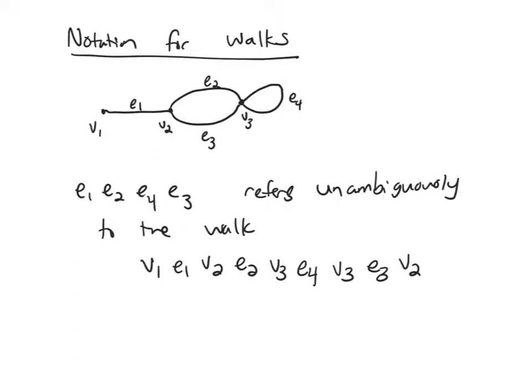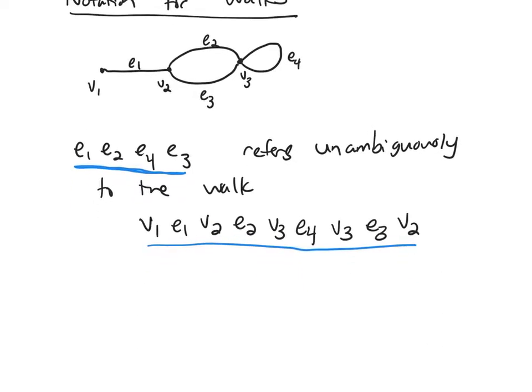And this is kind of a long way to write this walk, so we will use this shorthand notation when it's unambiguous. But in that same example, if I just write E1, edge 1, this could refer to two different walks.